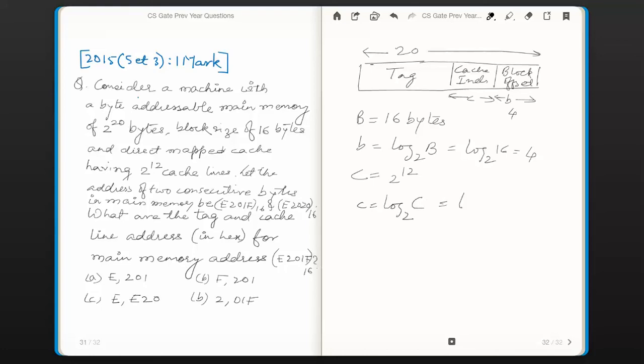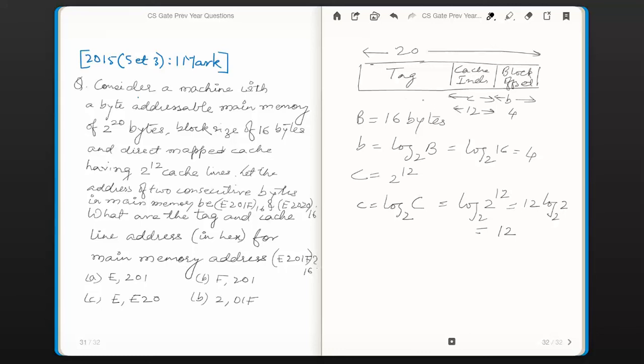So the number of cache lines is 2 to the power 12. Log base 2 of 2 to the power 12, if you bring 12 out of the logarithm, it becomes 12 into log base 2 of 2. Log base 2 of 2 is 1, so it's 12. So the width of cache index is 12 bits.